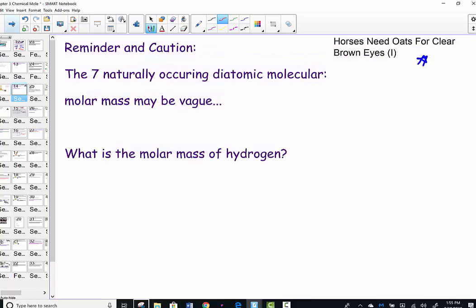I just reminded myself to remind you to be careful about the 7 naturally occurring elements. It may be vague. If you hear what's the molar mass of hydrogen or chlorine, bromine, iodine, any of those 7 elements, this is a vague term.